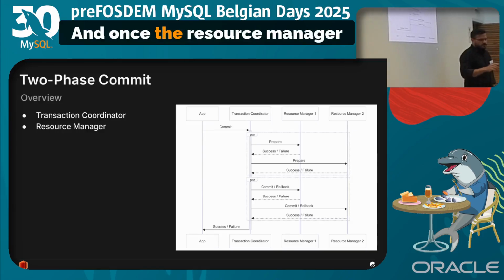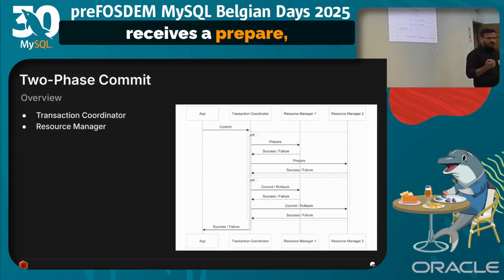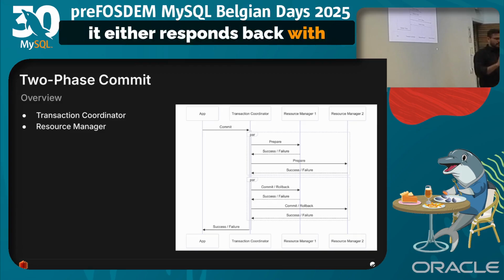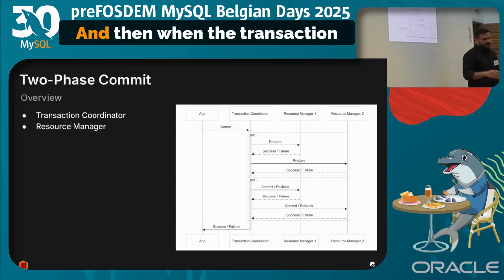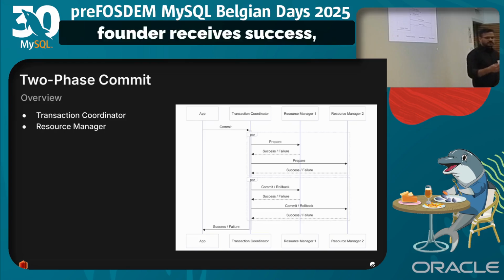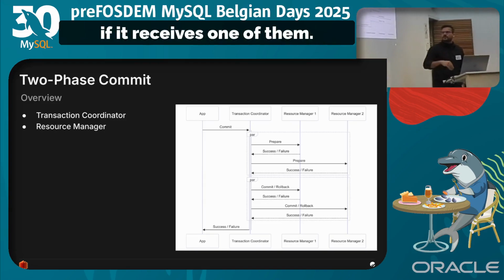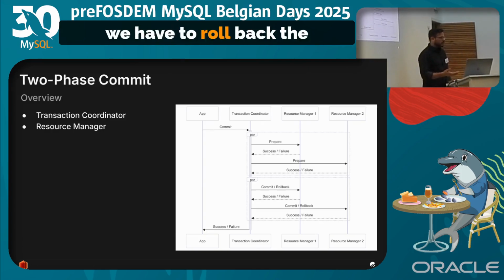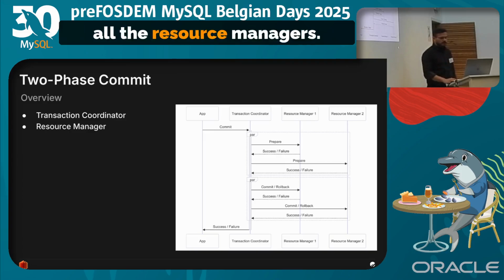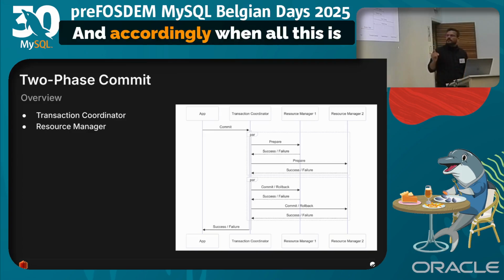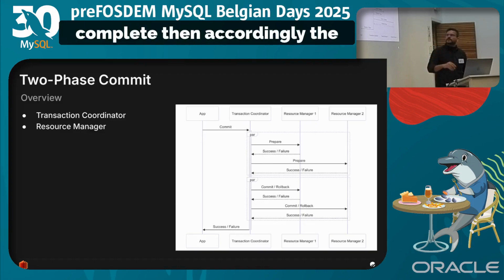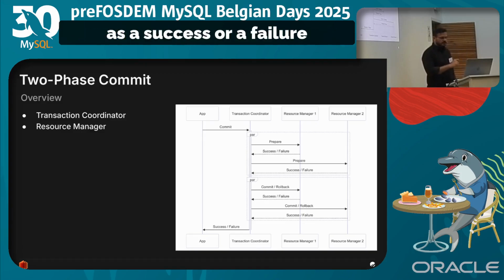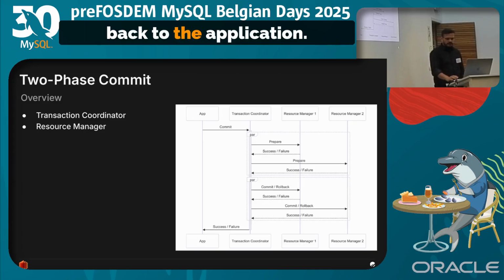And once the resource manager receives a prepare, it either responds back with a success or a failure. And then when the transaction coordinator receives success, it goes and does a commit. If it receives a failure from one of them, then it says, okay, we have to roll back the transaction, and it rolls back on all the resource managers. And accordingly, when all this is complete, the transaction coordinator returns a success or a failure back to the application.